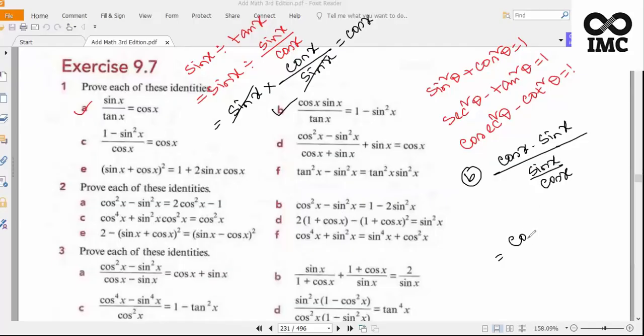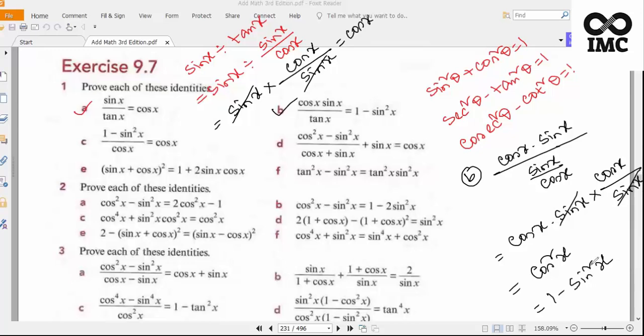Then we can write cos x into sin x multiplied by the reciprocal, so it can be written as cos x by sin x. After cancelling sin x and sin x, we will get cos x into cos x. That means cos² x. Cos² x can be written as 1 minus sin² x.